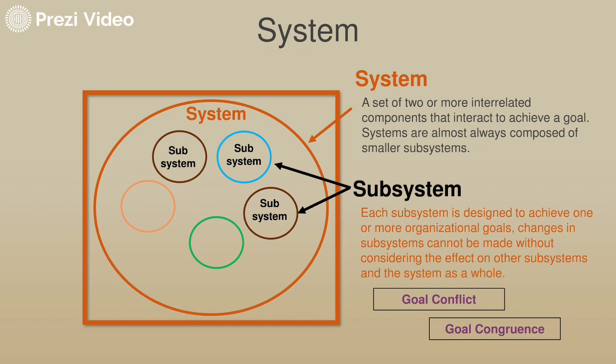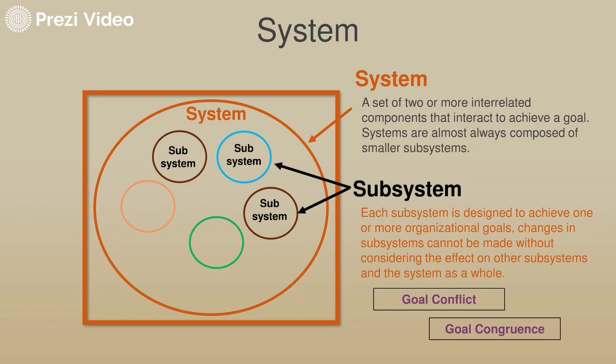For example, if our faculty's goals are not consistent with the goals of the system as a whole, or with other subsystems, we call it goal conflict. Goal congruence, vice versa, occurs when the subsystem achieves its goals while contributing to the organization's overall goal. Those are the terms used in the information organization.